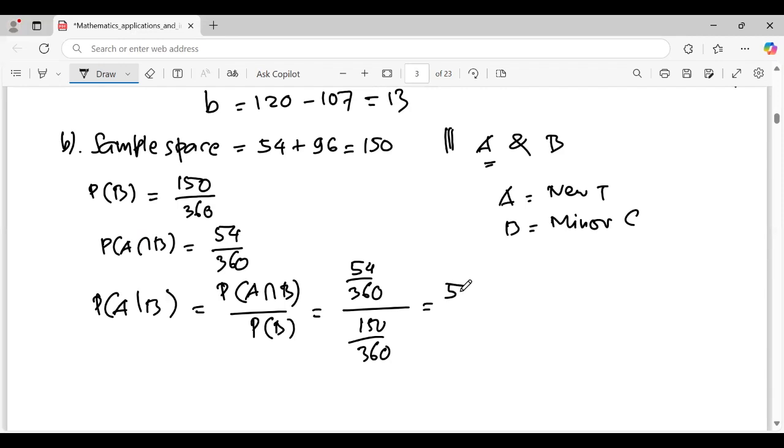And this is 54 over 150. Simplify becomes 9 over 25, 0.36, or in percentage, 36%.